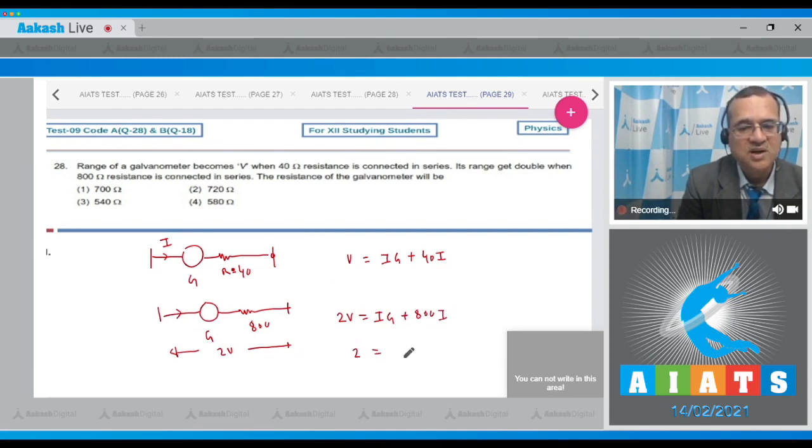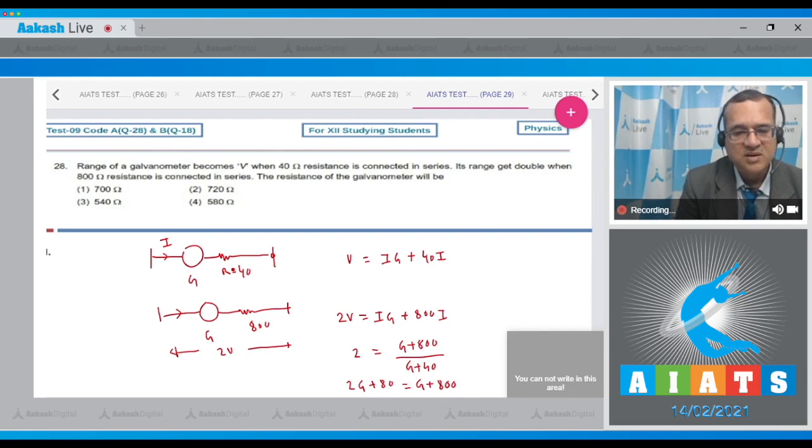So 2 is equal to (G plus 800) divided by (G plus 40). So cross multiply: 2G plus 80 is equal to G plus 800. So G comes to be 720 ohm. So the correct option is option number 2 to this question.